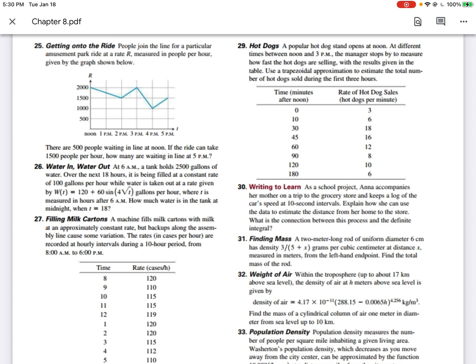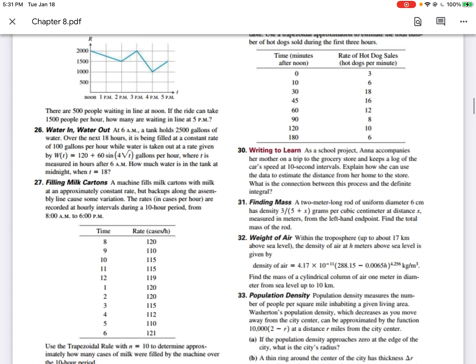And then, once you have that, you have to subtract how much left the tank, modeled by that function right there. So if you take the integral of that given function over the given interval, then you'll find how much left, and you just have to accumulate all of that together.